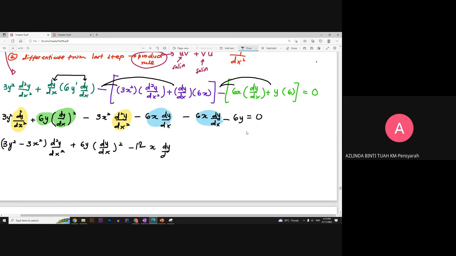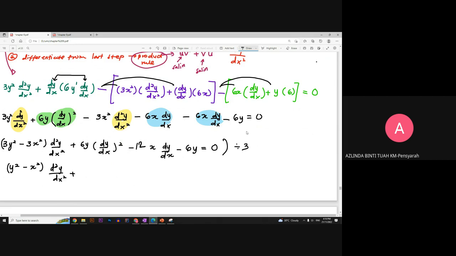I guess I did something wrong. Maybe. Okay, kalau tengokkan dekat sini, oh yes, we did. Betul, kita buat betul. Okay, what we can do next is we can divide everything by 3. Okay, so yang ini akan bahagi 3, dapatlah y squared minus x squared. Yes, we're gonna get the answer in a step.